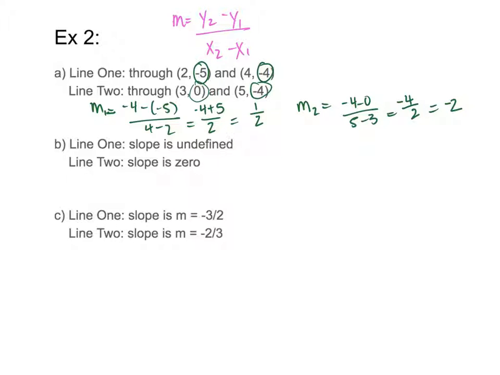So looking at these two values here, I can write -2 as -2 over 1. So I can change that to a fraction. And now when you look at both of them, you can see that they are reciprocal but different in sign. So I know that this is a perpendicular line.